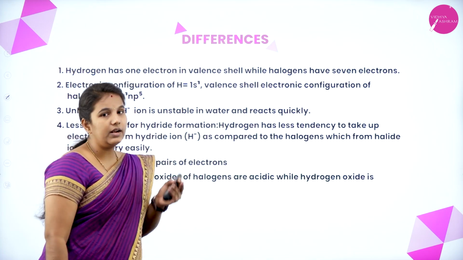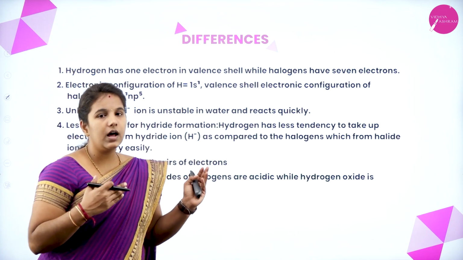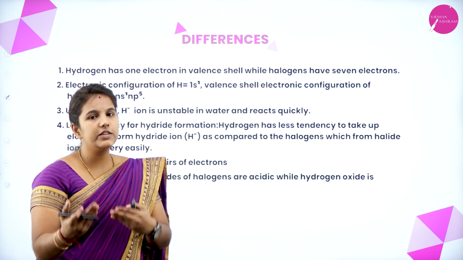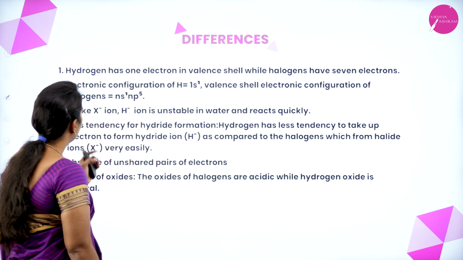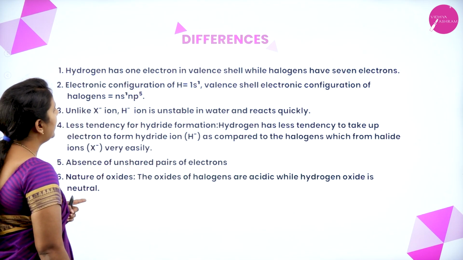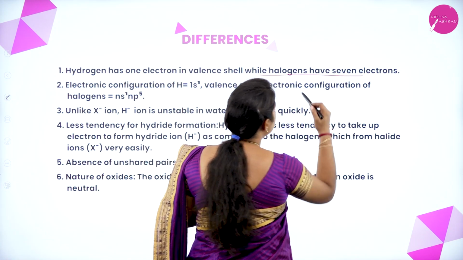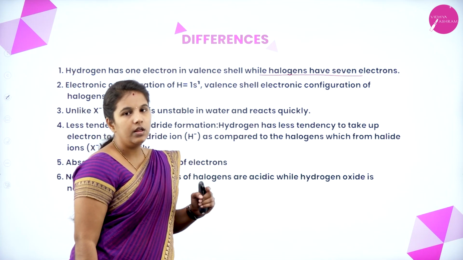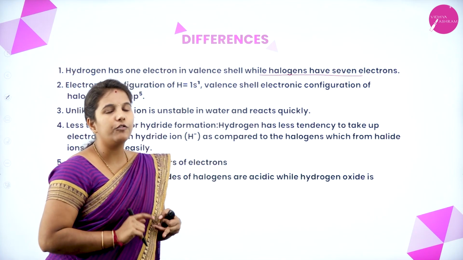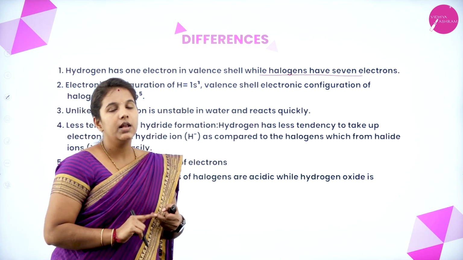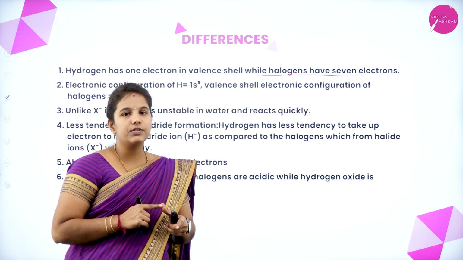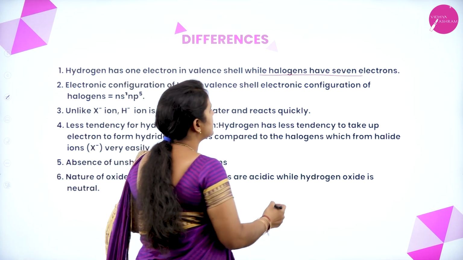Next we will see the differences between hydrogen and the halogens. Hydrogen has one electron in its valence shell, whereas a halogen has 7 electrons. You can take chlorine, bromine, iodine, but chlorine is the best example.